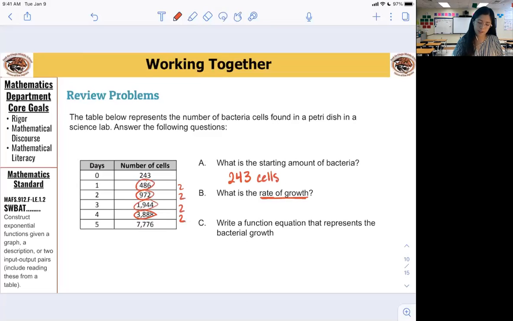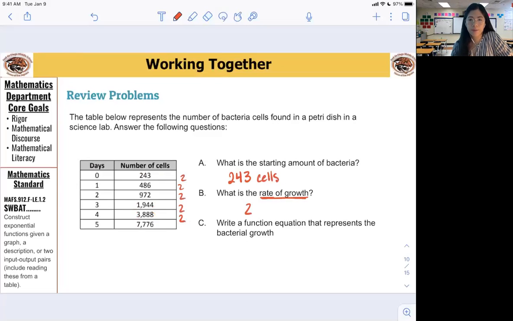And you'll just keep getting 2 all the way up. So this one's actually pretty easy. You don't get any crazy decimals or anything like that. So right off the bat, we always get 2 each time. So the rate of growth is 2. That's it. No rounding. In this example, it's pretty simple.